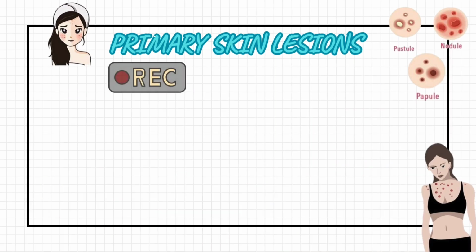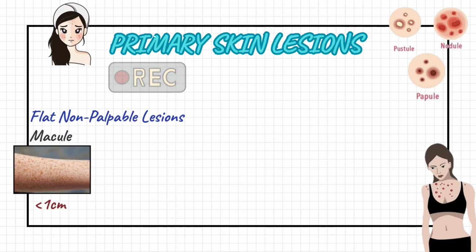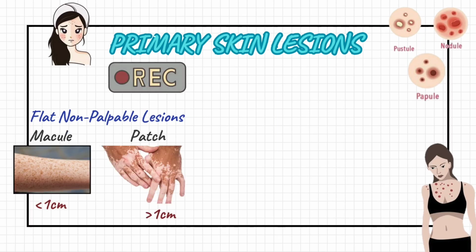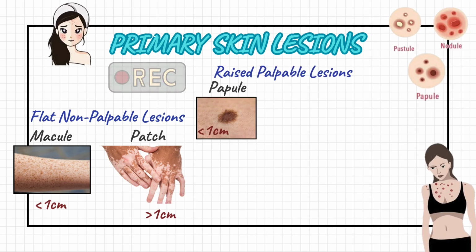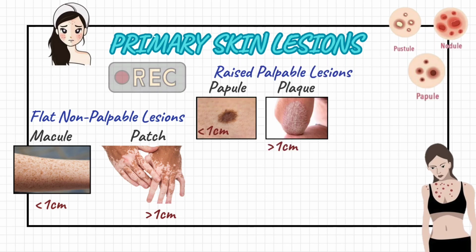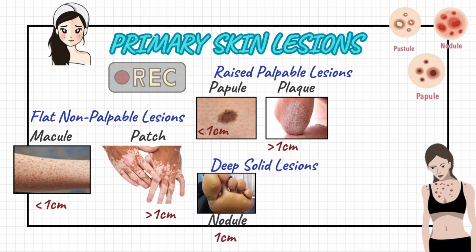To recap, flat, non-palpable lesions. Macule, less than 1 centimeter. Patch, greater than 1 centimeter. Raised palpable lesions. Papule, less than 1 centimeter. Plaque, greater than 1 centimeter. Deeper solid lesions. Nodule, about 1 centimeter deep. Tumor, larger than 2 centimeters.